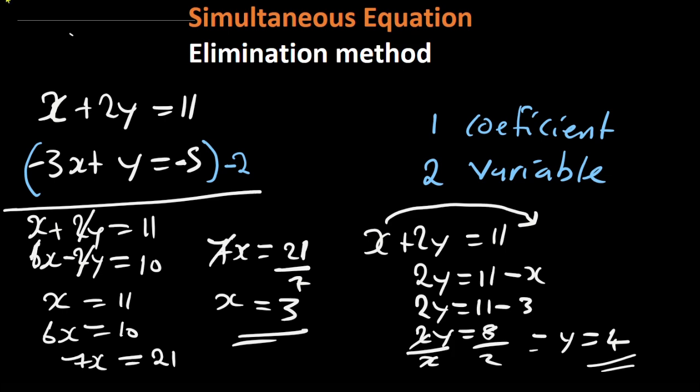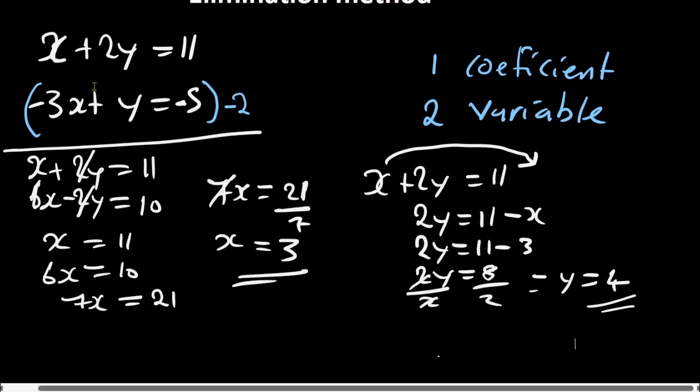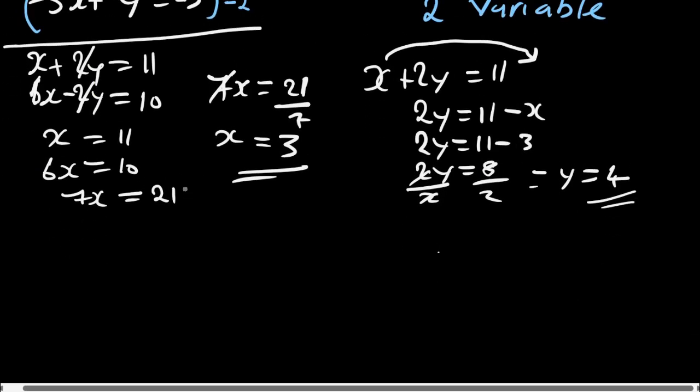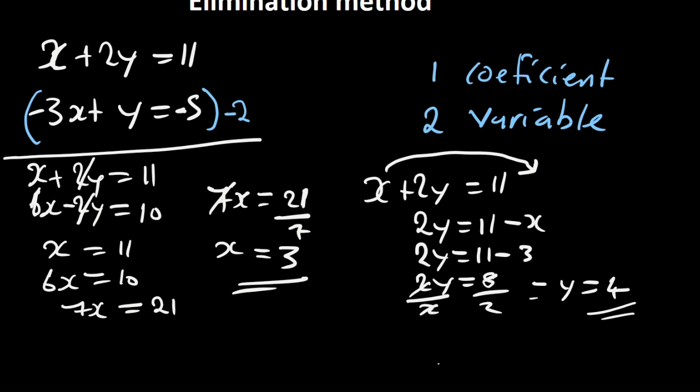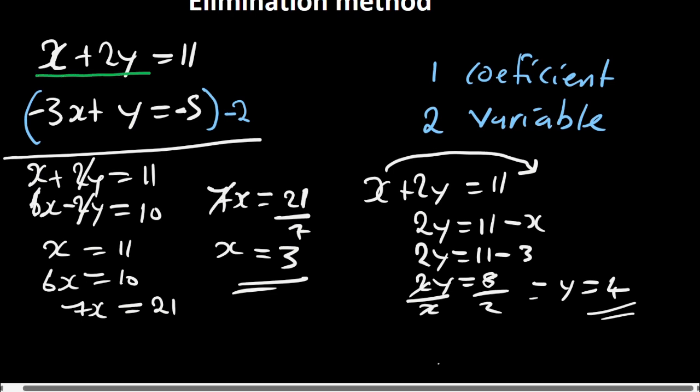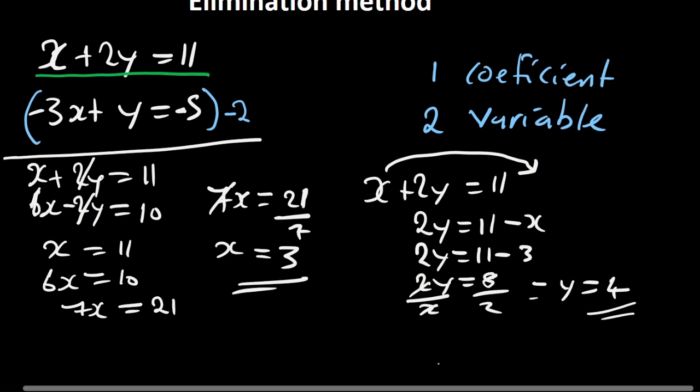Now, how do you prove that the answers you have gotten are correct? Let's prove. Let's get the first equation. I'm going to use this equation here to prove whether what we have found is correct.